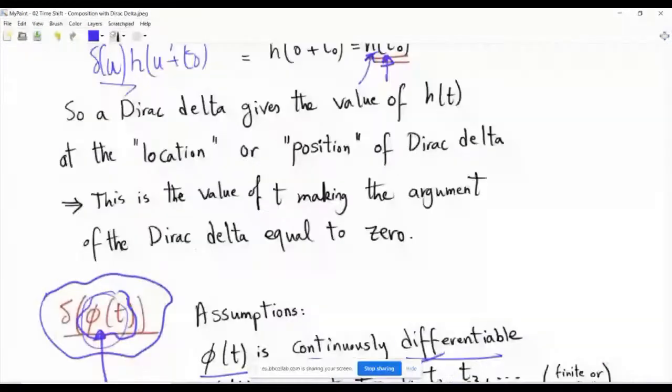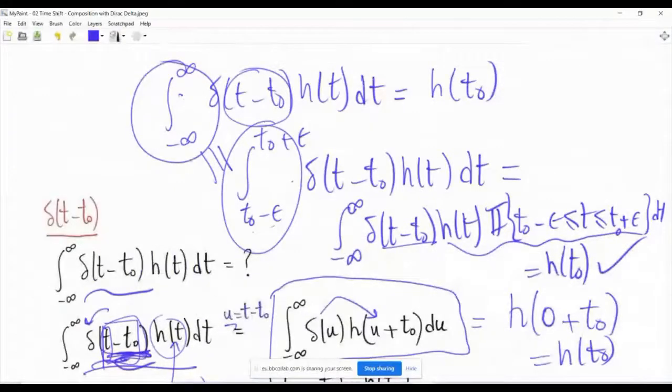This is the inspiration: integrating from minus infinity to infinity is equivalent to integration from t0 minus epsilon to t0 plus epsilon for some positive epsilon, and this positive epsilon can be any arbitrarily small positive number.